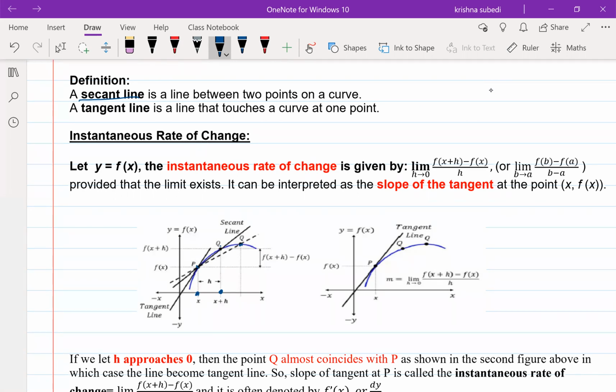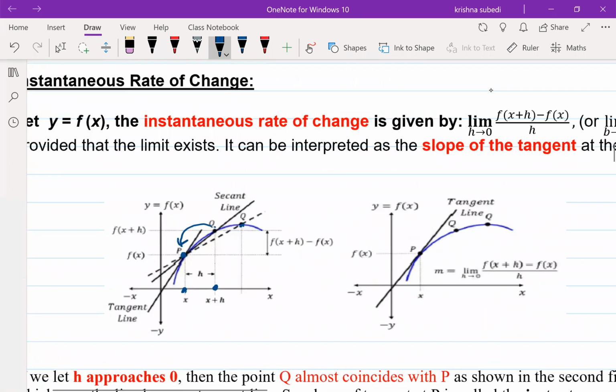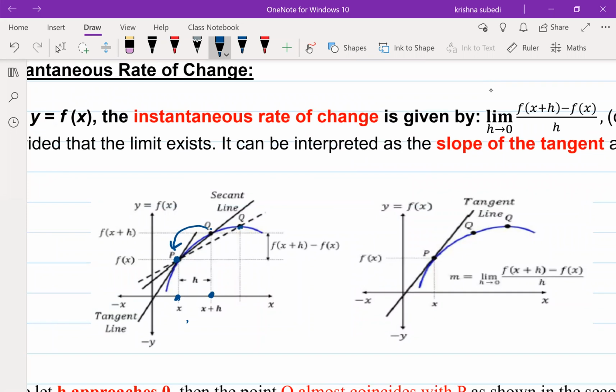And so PQ becomes a secant line. Now, imagine h becomes almost zero. If we take the limit of h almost zero, then Q will almost coincide with P. Q overlaps on P if h is almost zero.